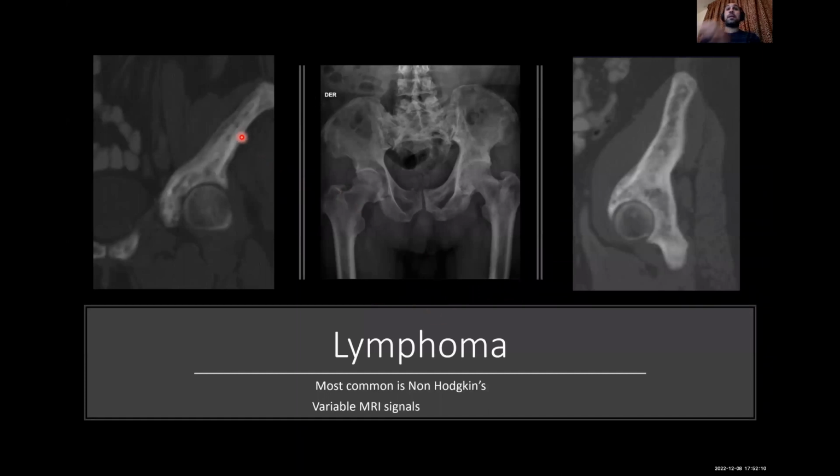Lymphoma is sometimes expansile, sometimes sclerotic, with mixed sclerotic and lytic lesions and soft tissue involvement.